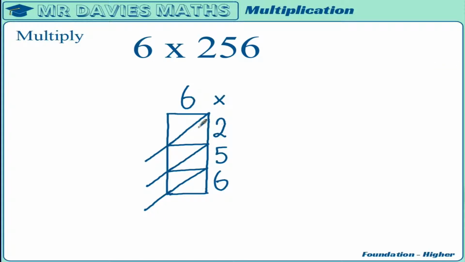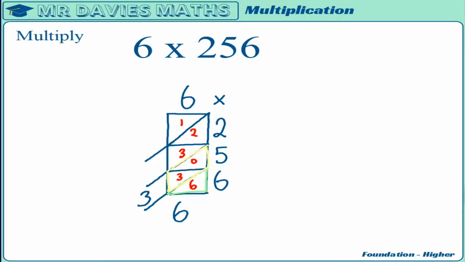Okay, so let's do the multiplying. 6 times by 2 is 12, 6 times by 5 is 30, and 6 times by 6 is 36. Diagonals, here we go. 6, it's easy enough. The next diagonal, I've got a 0 and a 3, which again is pretty easy, that's 3.